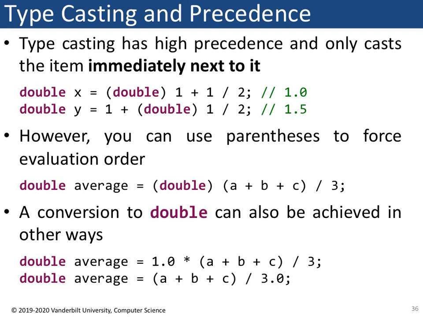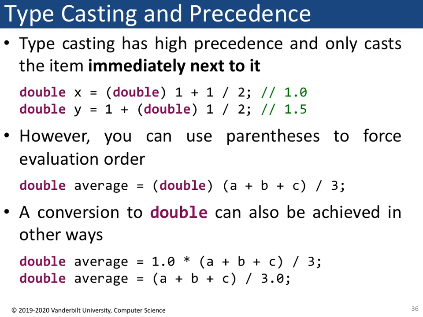So we get 0.5 as the result of that operation. Then we have the integer 1 plus the double 0.5. So again, we have an integer operand and a double operand, which will result in a double value. So we have the value 1.5 resulting.